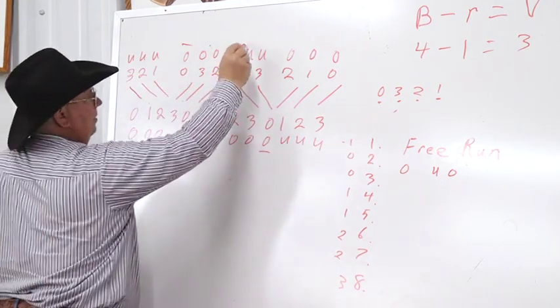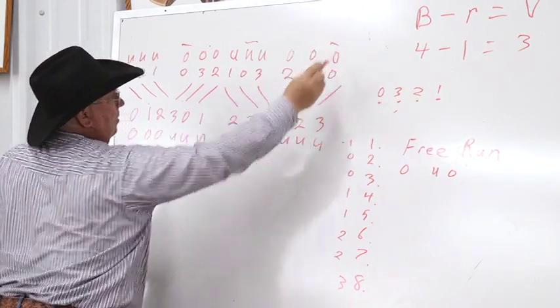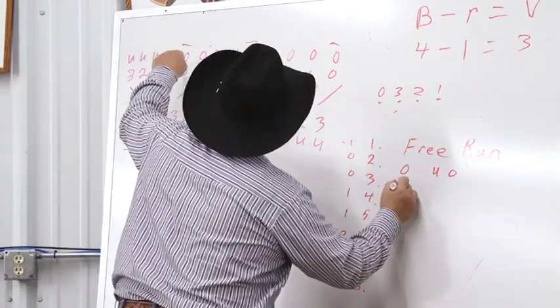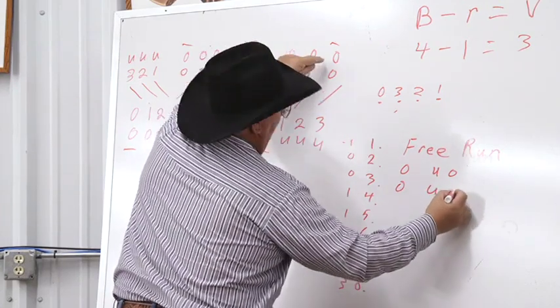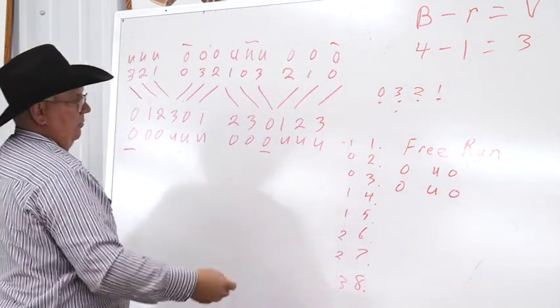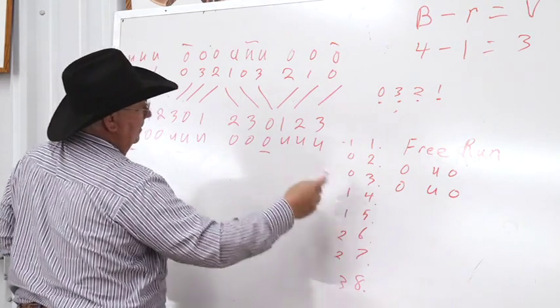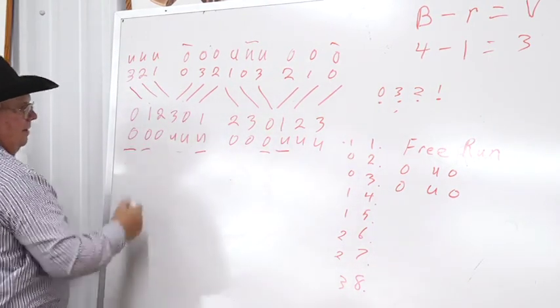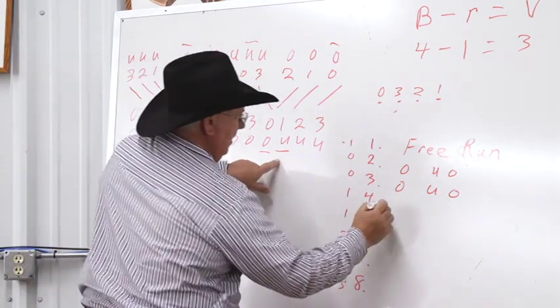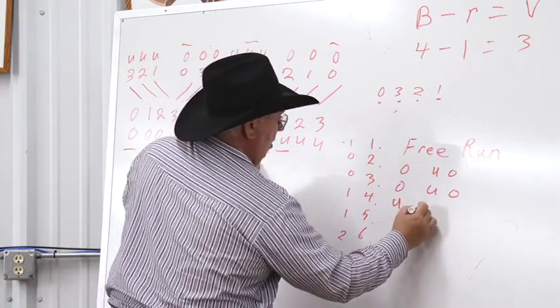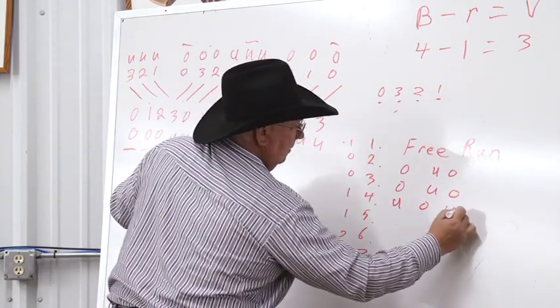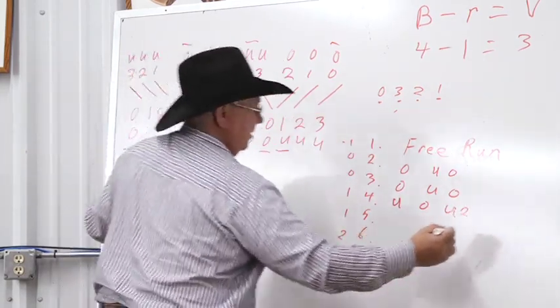One there, one there, one there. Over, under, over. Now we're looking for ones. One right there, one right there, one right there. So now we've got under, over, under 2, over 2.